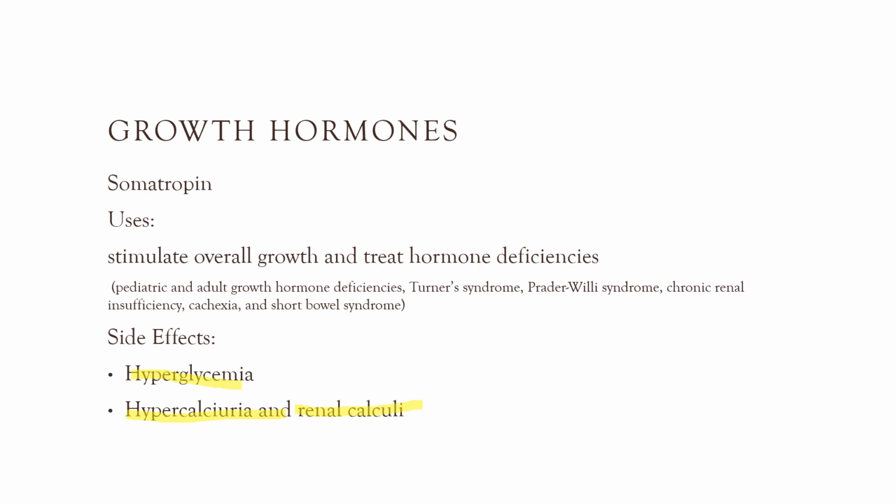So, of course, we want to be very careful with our patients who have diabetes. Typically this is going to be in children to help them grow, or in adults who have wasting syndrome. So we want to make sure we're monitoring their growth closely to make sure what we're doing is working.